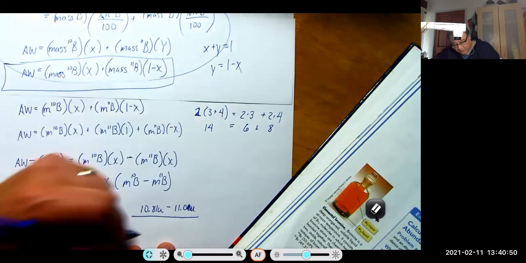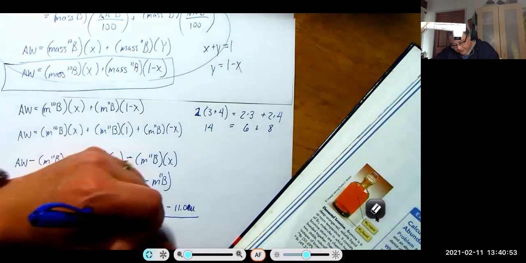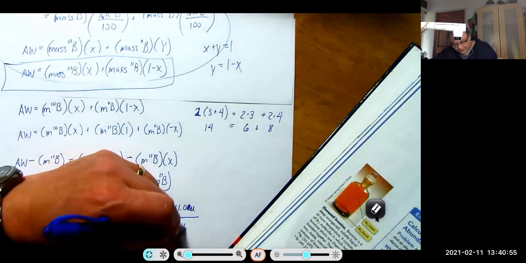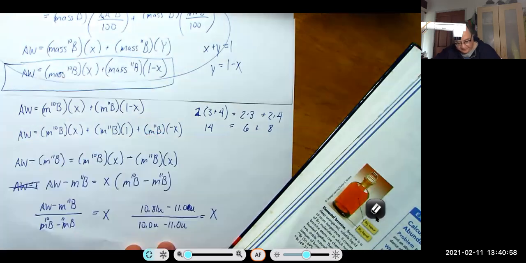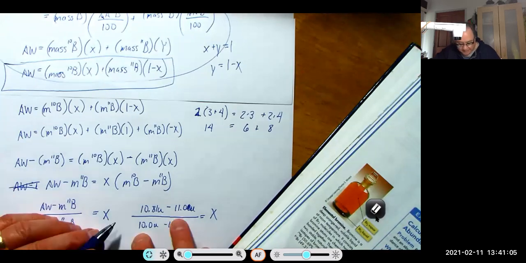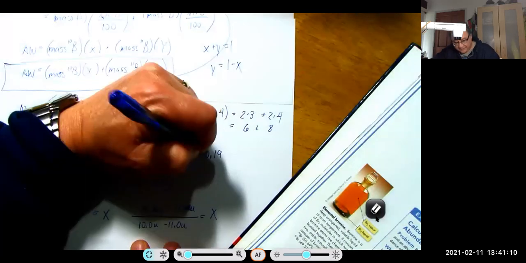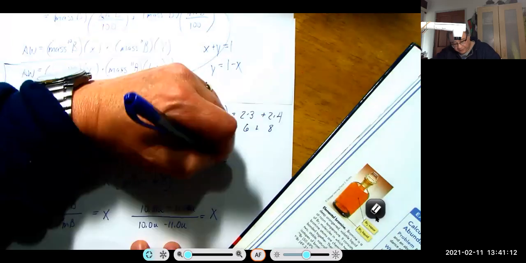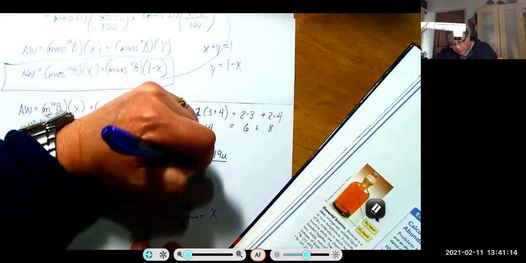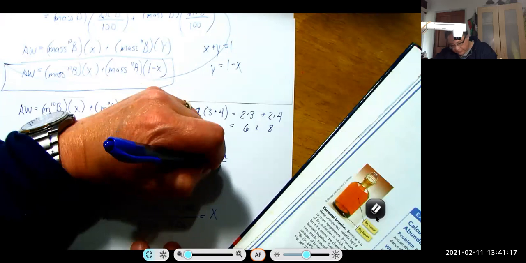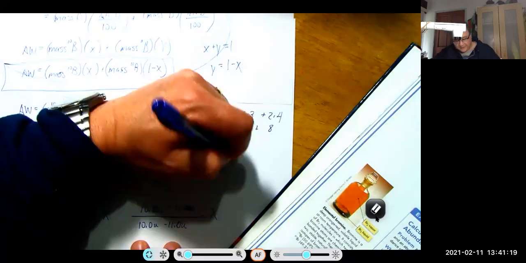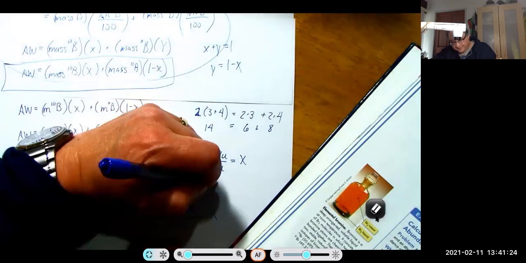And here we have 10.0 U minus 11.0 U is equal to X. And you end up getting on the top 0.19 negative U over negative 1.0 U is equal to X. And so you end up getting 0.19 is equal to X.